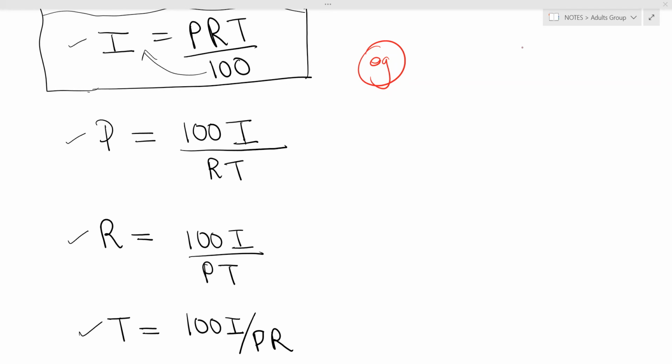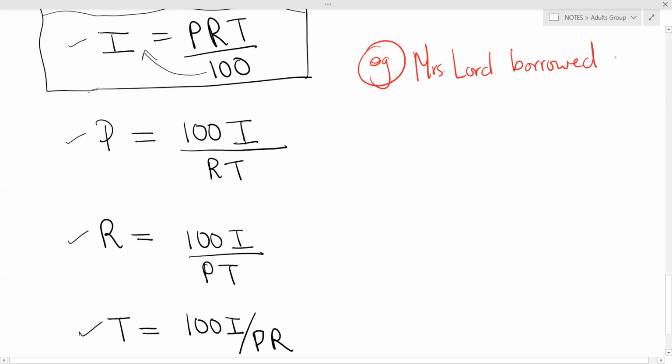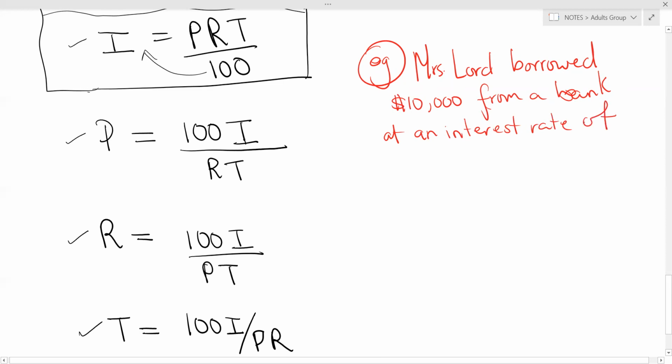So let's get into an example. Mrs. Lord borrowed $10,000 from a bank at an interest rate of 8% per annum for 3 years.